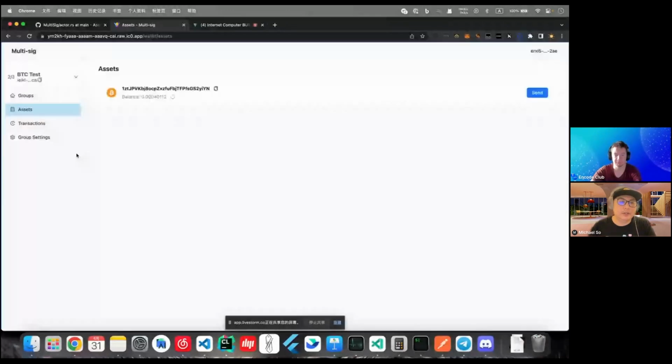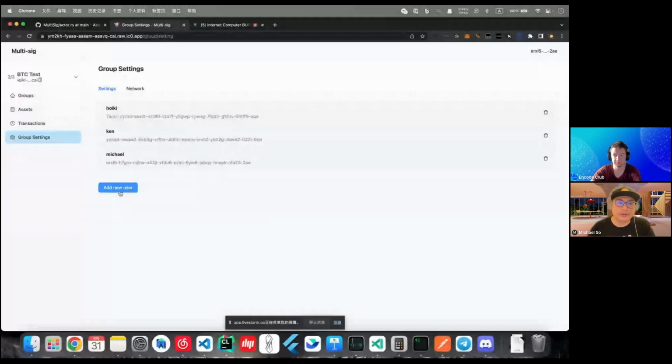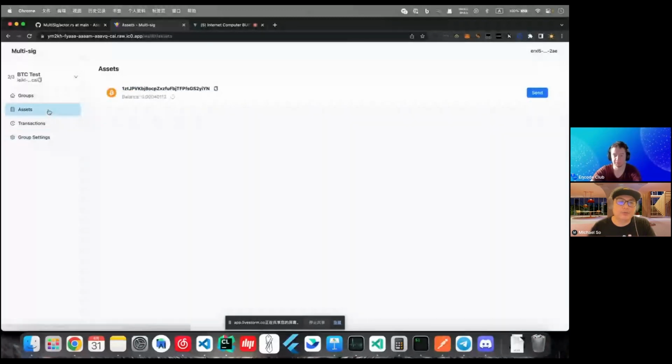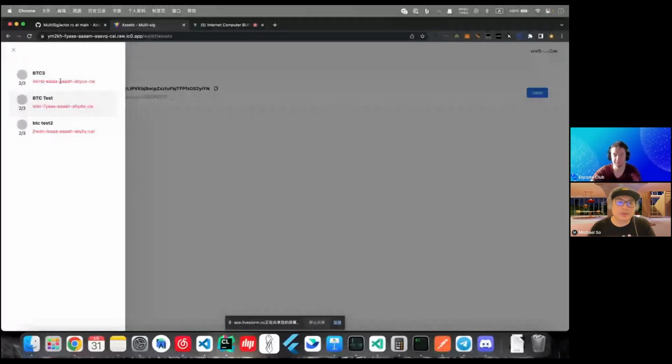In this controller, meaning this group, we can add more people here. We can also set the network of the wallet. And when a wallet is created, we can get the balance and get the fee. Let me switch to another wallet.